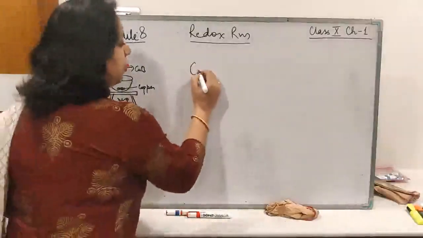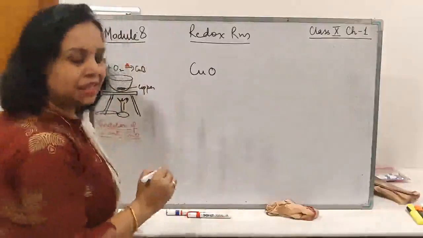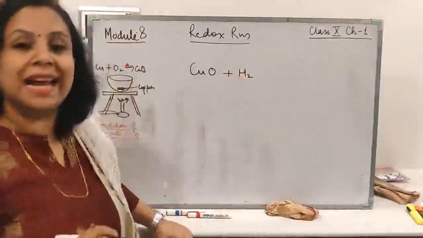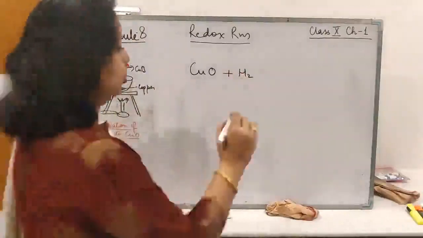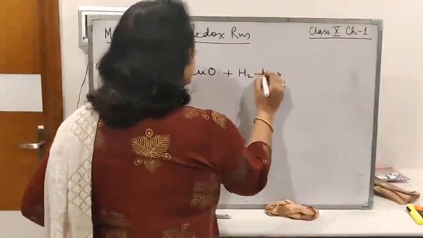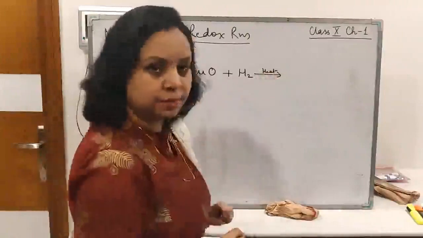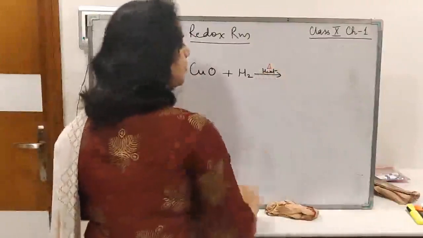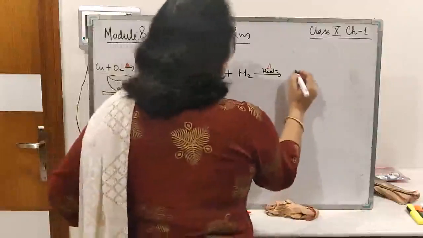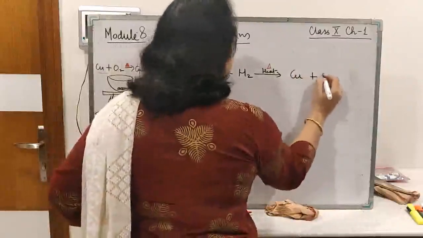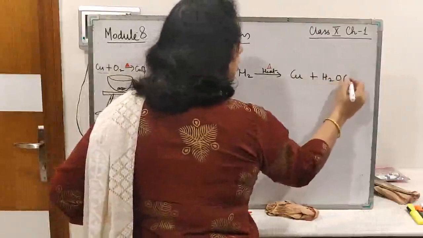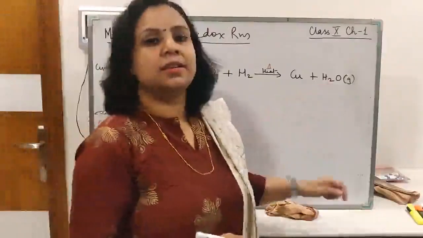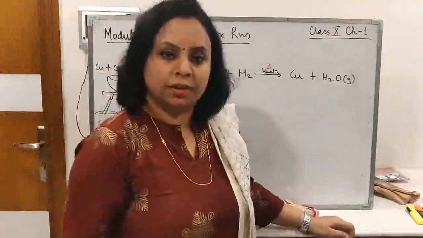Now, if on this heated copper oxide, hydrogen gas is passed, I put a symbol of heat over here, it forms metallic copper and steam or water vapor.